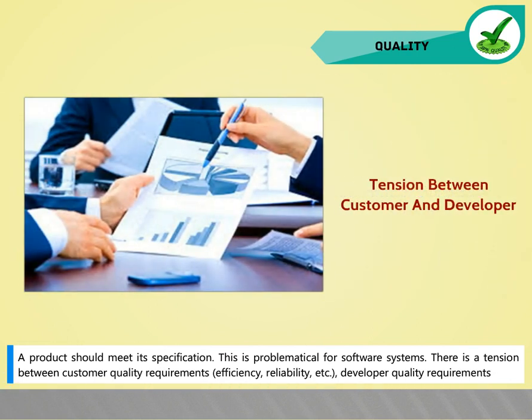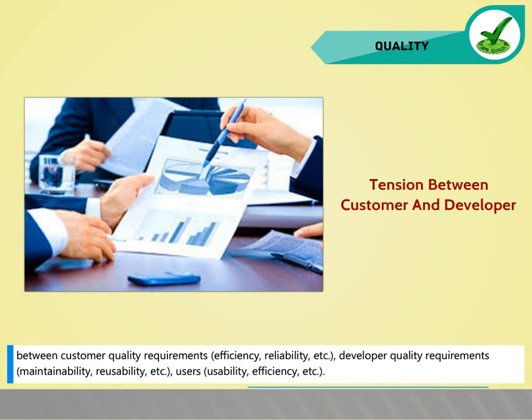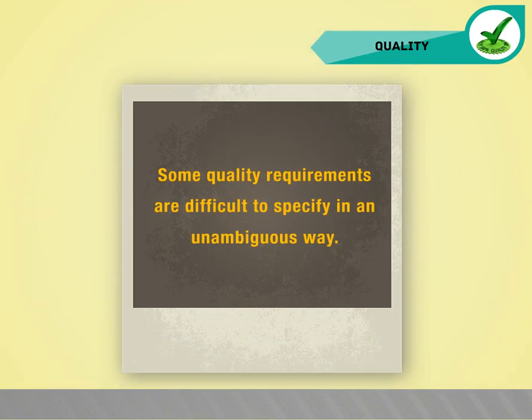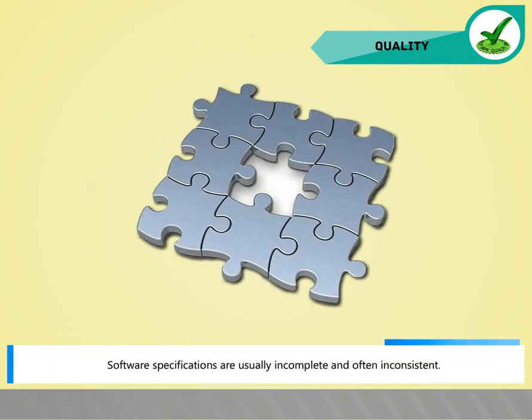There is a tension between customer quality requirements, that is efficiency, reliability, etc., developer quality requirements, that is maintainability, reusability, etc., and users, that is usability, efficiency, etc. Some quality requirements are difficult to specify in an unambiguous way. Software specifications are usually incomplete and often inconsistent.